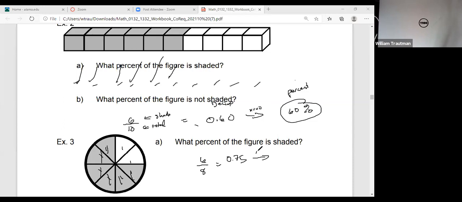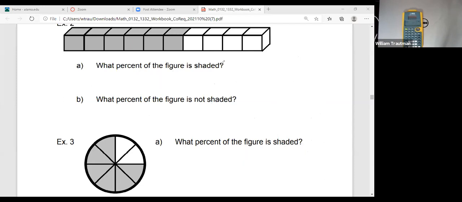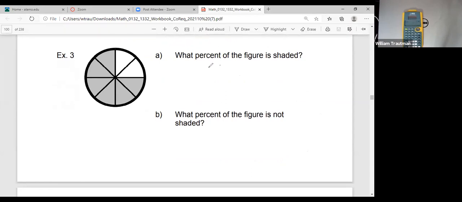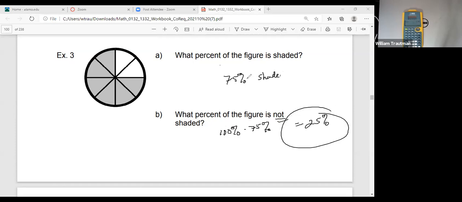If I multiply that by 100, I get 75% is shaded in. And if 75% is shaded in, not shaded would be 100% minus the 75%, which equals 25%, not shaded. You see, shaded and not shaded have to add up to 100%.